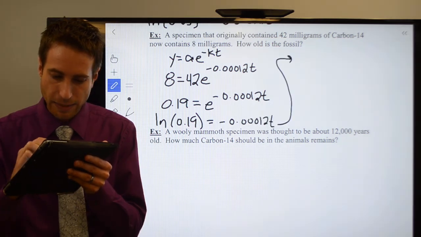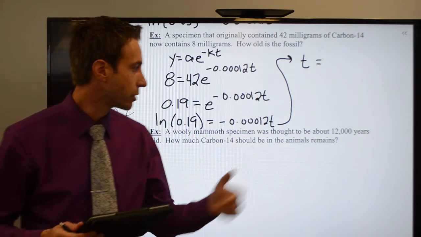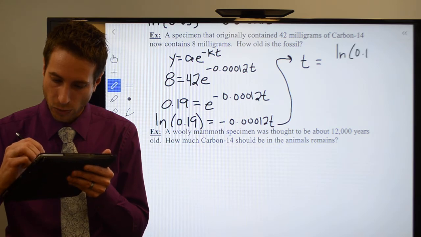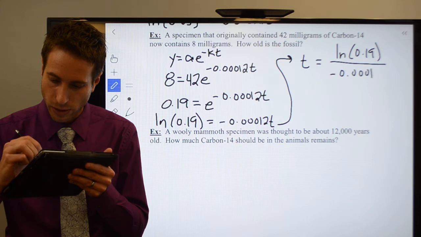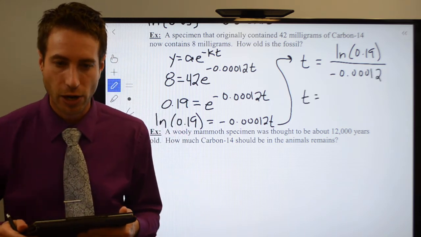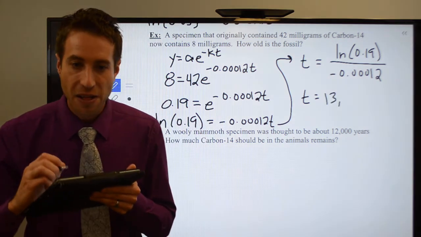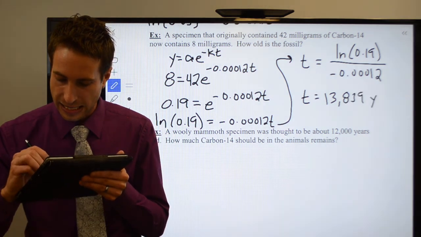And I got to get that t by itself, so we'll divide by the negative 0.00012 on the other side. ln of 0.19 divided by negative 0.00012. If you do that on your calculator, don't fat finger something, make sure you do the order of operations correctly. I get 13,839.